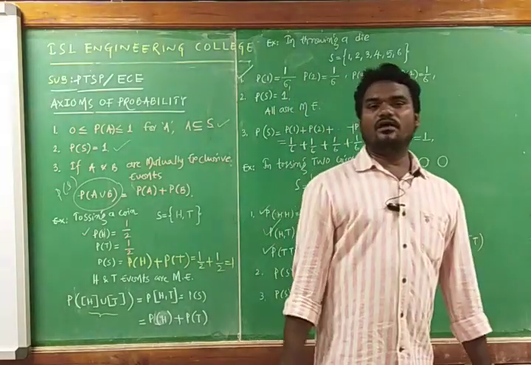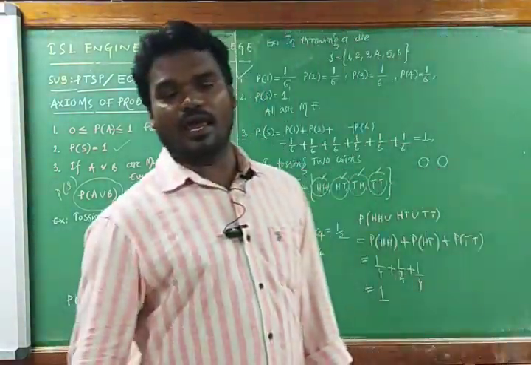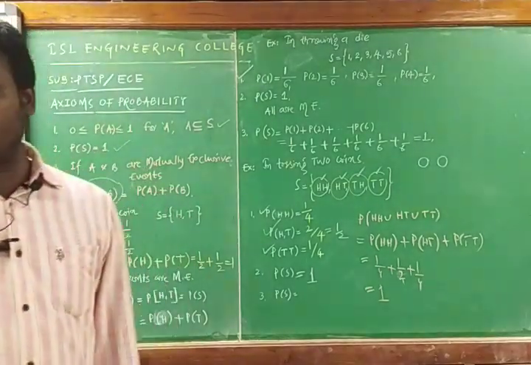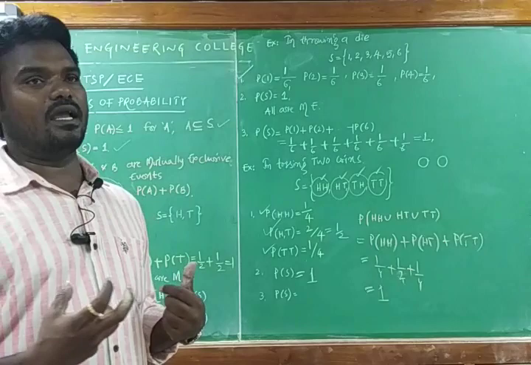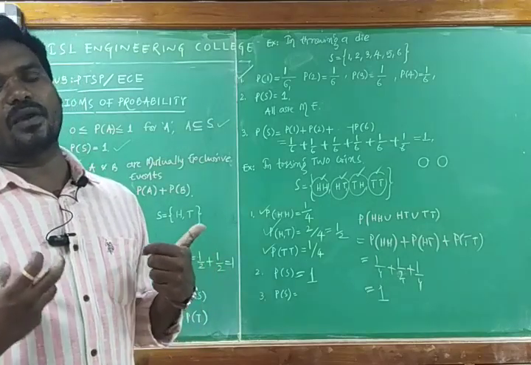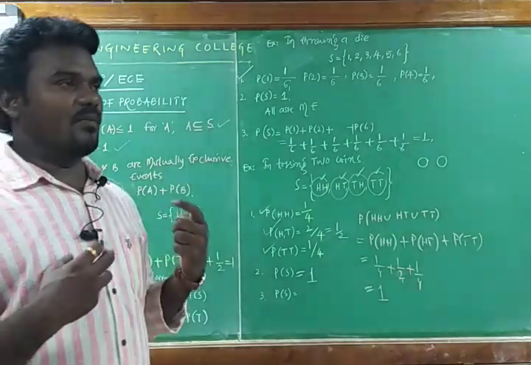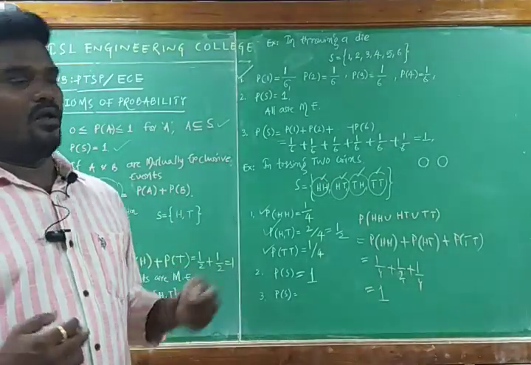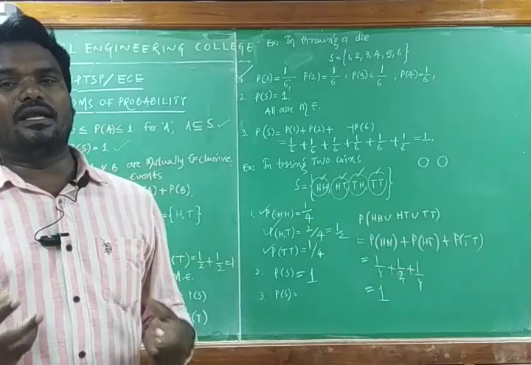Likewise, you can verify the probability in any given experiment, and check whether the given probability is permissible or not. By verifying these 3 statements, you can easily tell whether it is permissible.